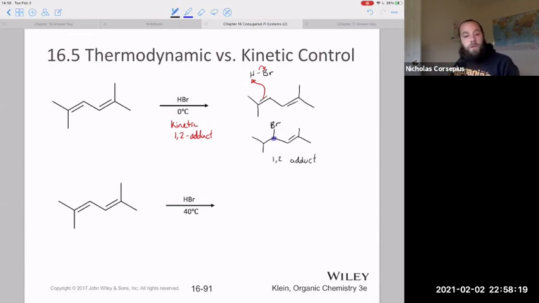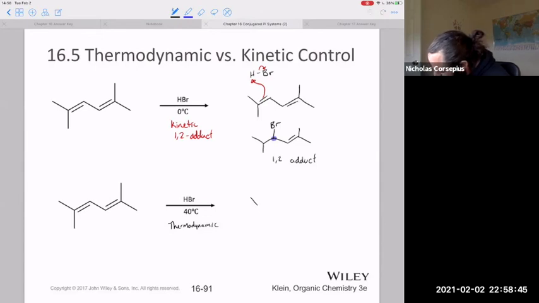But now for 40 degrees, we know that we're going to favor the thermodynamic, or more stable, product. So what we're going to have to do is figure out which one, the 1,2 or the 1,4 adduct, is more stable, right? Which one's going to form the more highly substituted double bond? We already know what the 1,2 looks like, right?